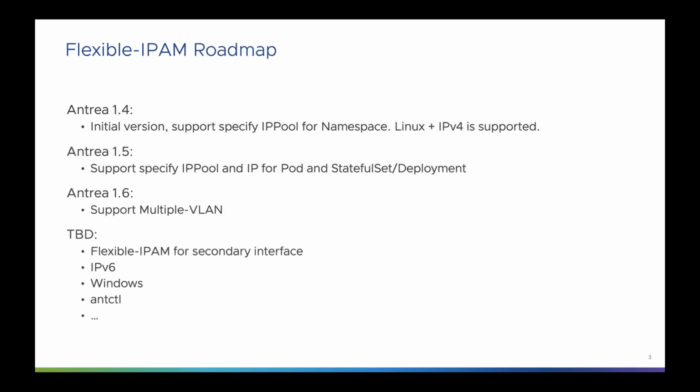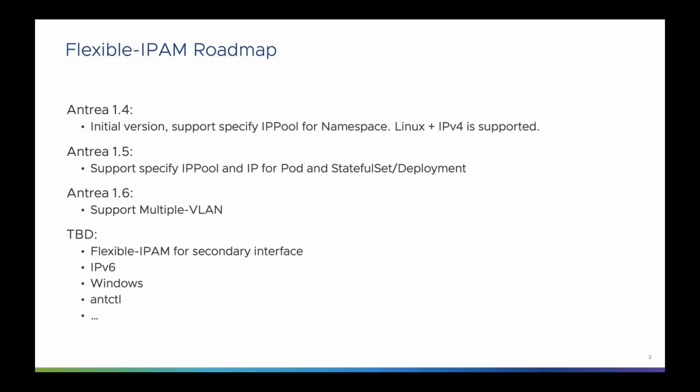And here is a roadmap for flexible IPAM. Antrea 1.4 is an initial version to support the flexible IPAM. This version supports users to specify an IP pool for namespace, and only Linux with IP version 4 is supported. In Antrea 1.5, we made some enhancements.